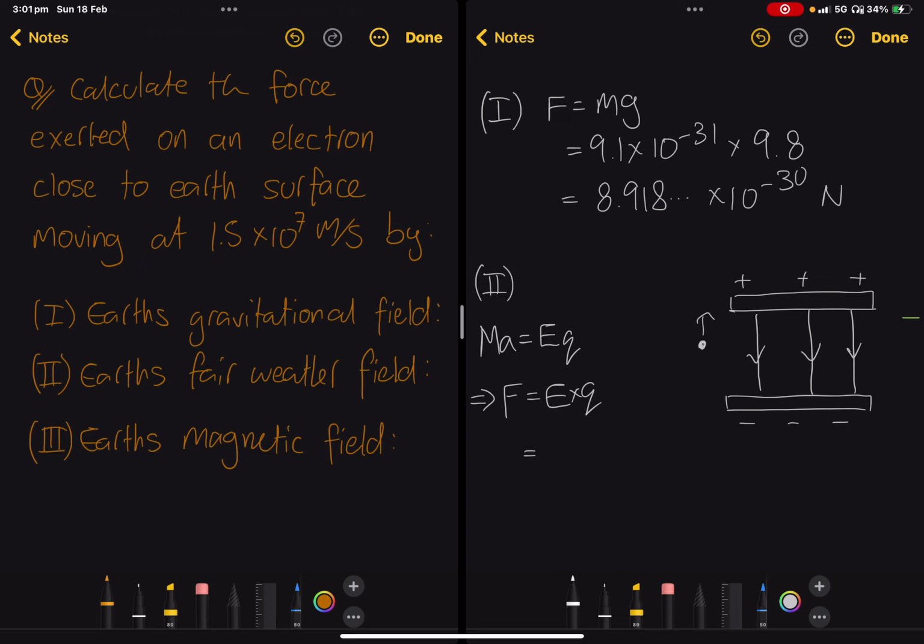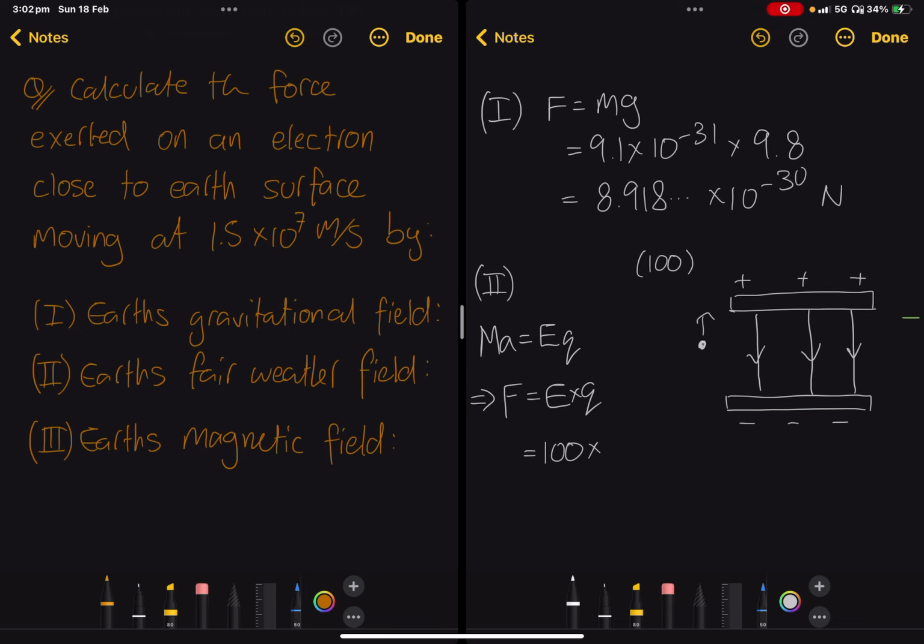The approximate value for the fair weather field is roughly 100. It can vary anywhere from 100 to about 300. Sometimes you'll see values like 500, sometimes values like 50. We're going to use 100 as our field strength calculation value. So we get 100 multiplied by the charge of an electron.